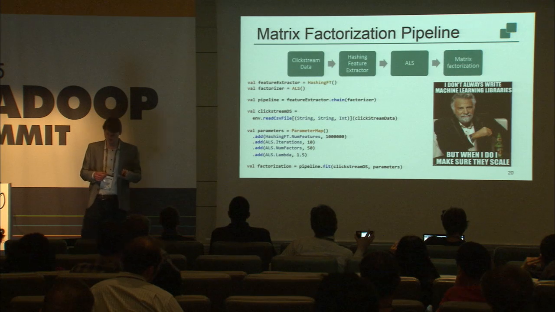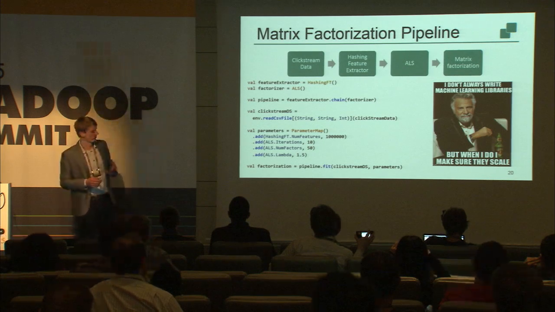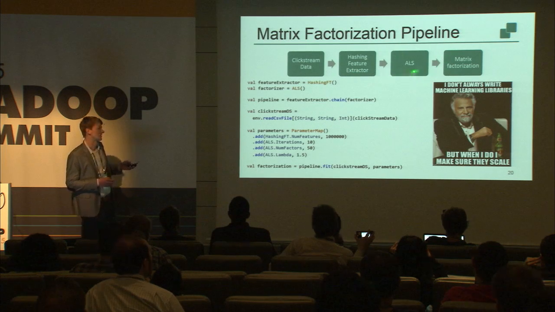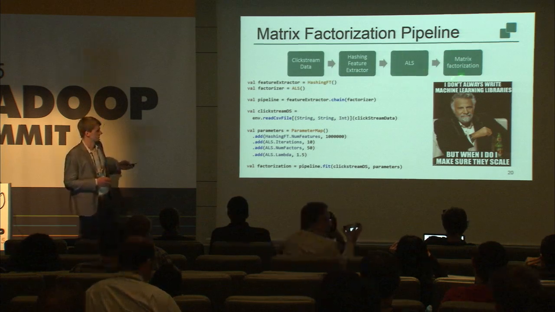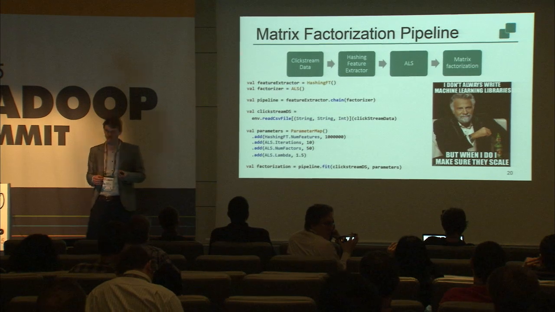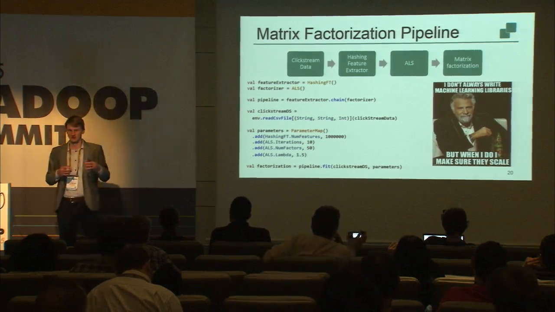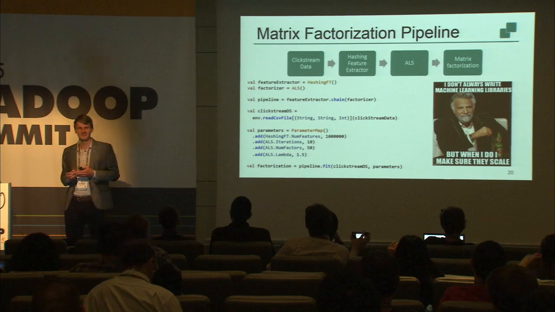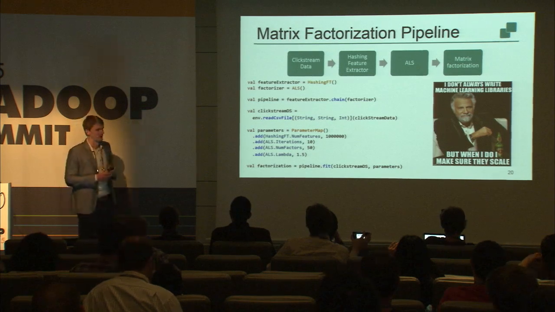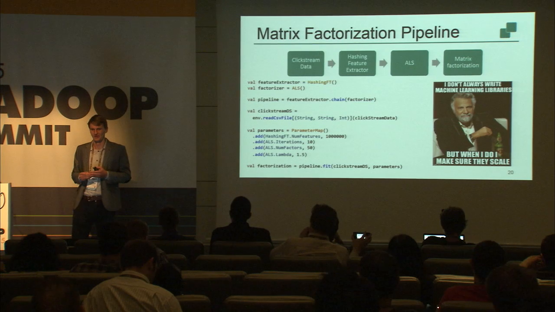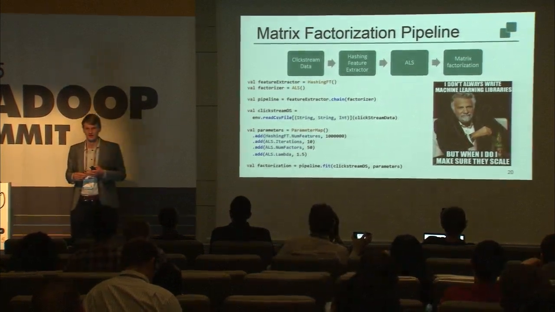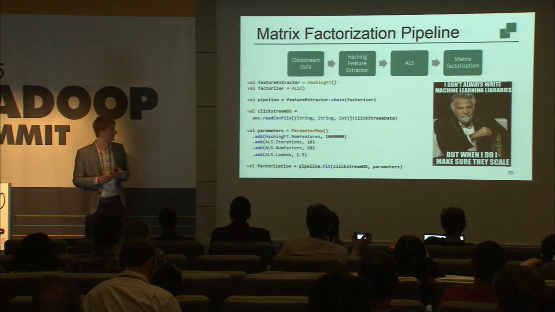After the data is passed through this feature extractor, we can feed it into the ALS component, which gives us the matrix factorization. This also illustrates on a small scale the general problem of data scientists: a lot of time is not actually spent on training models, but more on pre-processing, data cleansing, and all these tedious things no one really wants to do.